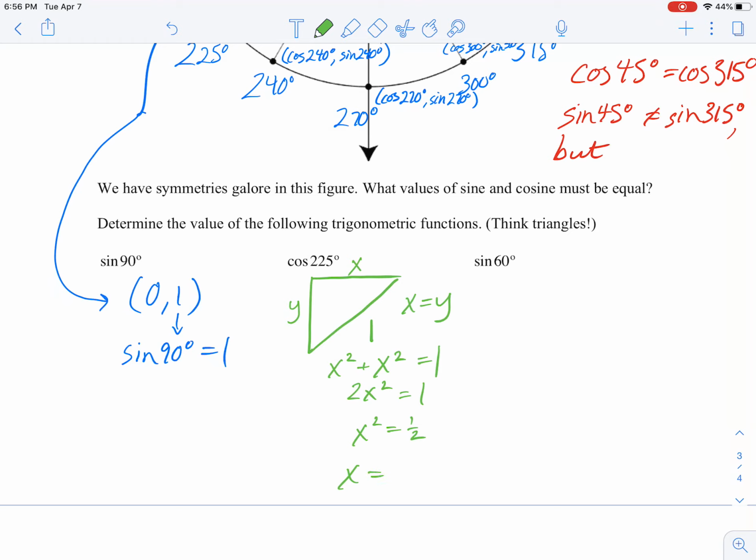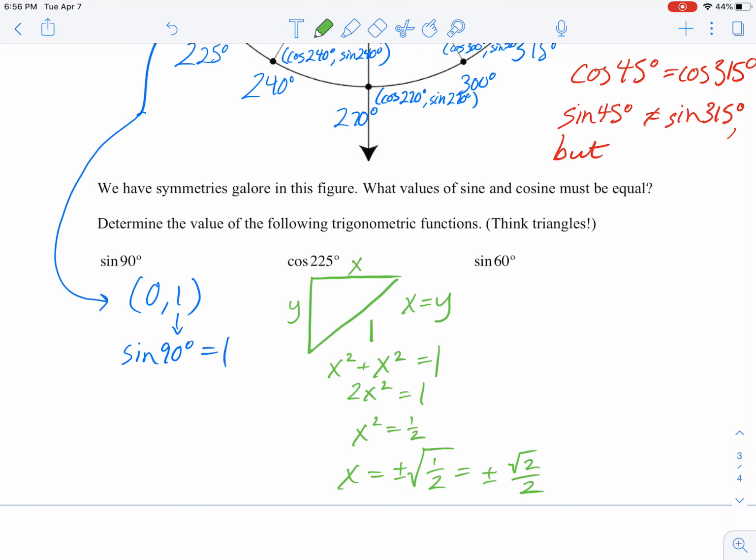and x equals plus or minus the square root of 1/2, better known as plus or minus root 2 over 2 if you want to rationalize it. Now, I'm keeping plus minus in here, and yet it's the leg of a triangle. So why does Mr. Vish think we should have a negative?